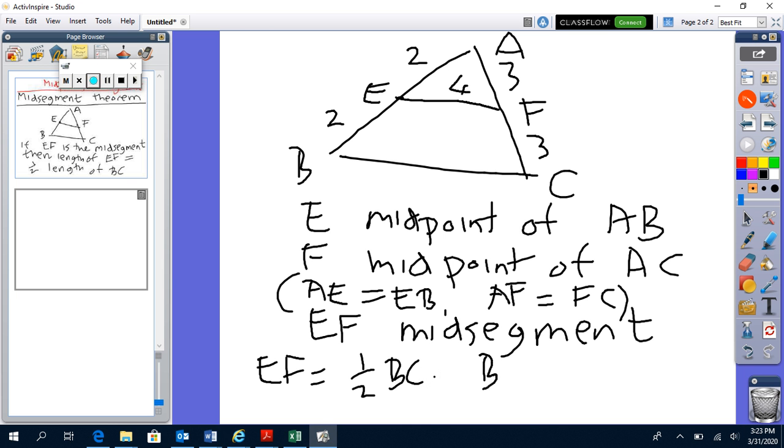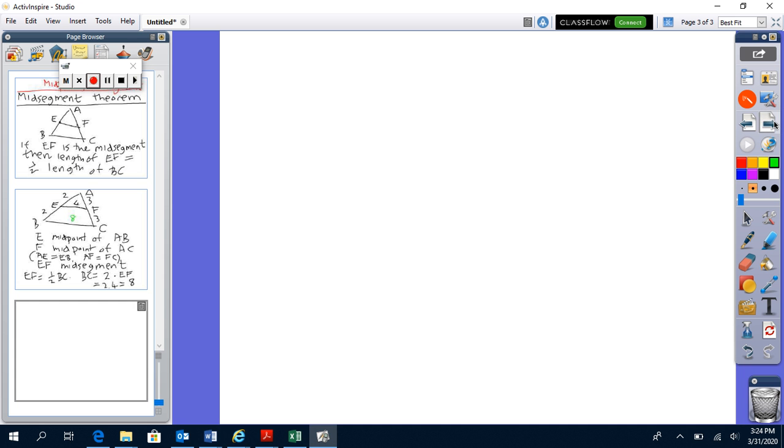Or it also means BC is twice the length of EF. So BC then must be 2 times 4 equals 8. Okay, so that would solve our problem. That would find BC.